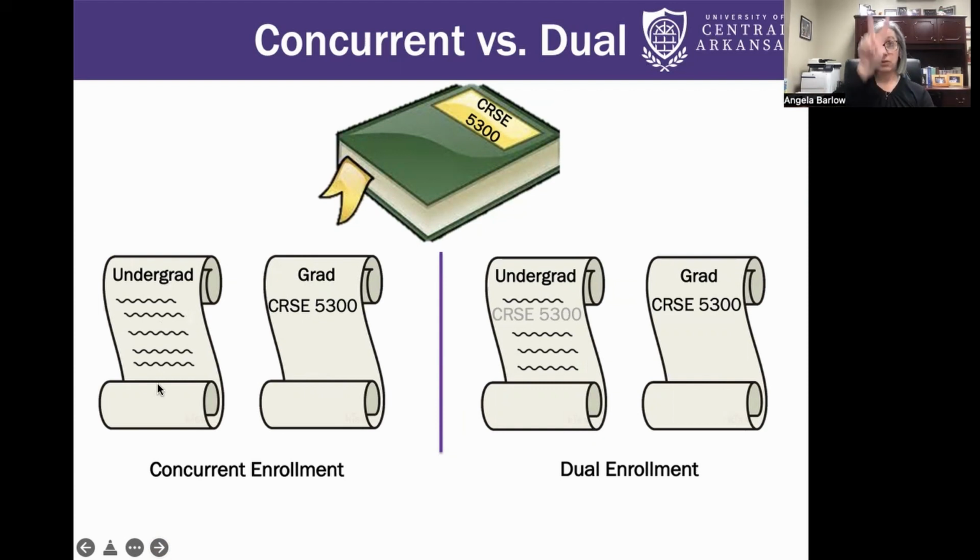So it's concurrent, like they are concurrently taking graduate and undergraduate classes, and there's no overlap there. Whereas dual enrollment, it's like double dipping, right? So you're taking this graduate course, but it's also applying to the undergraduate degree. So to me, that double dipping showing up in both places suggests dual enrollment. So it's about the course.